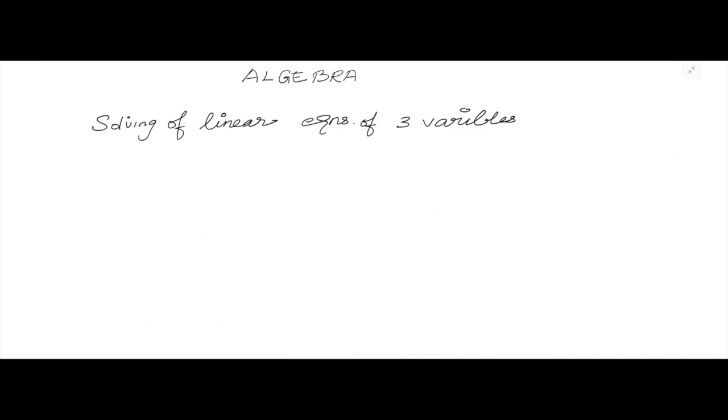Yes, today we'll learn how to solve a linear equation of three variables. What is a linear equation, ma'am? An equation with degree 1 is said to be a linear equation.